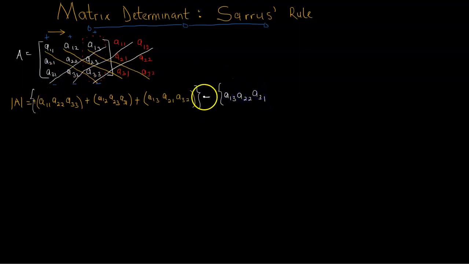Now, because we already factored out the common negative, we can just have a positive here. Then the next one, A11, A23, A32. Then finally, A12, A21, A33. So this is the determinant of the 3 by 3 matrix.